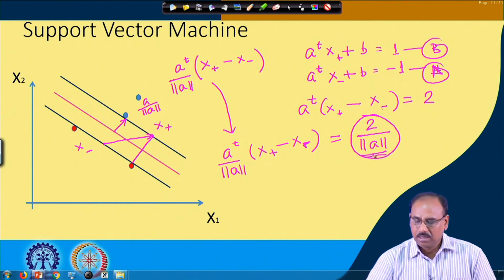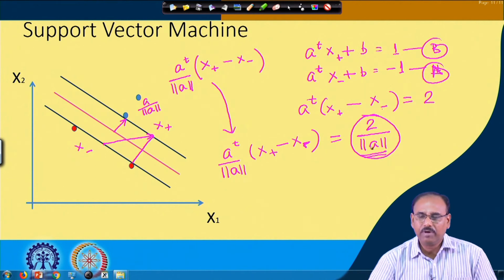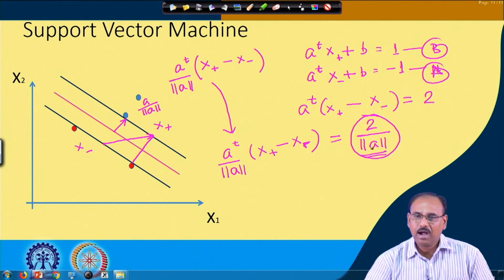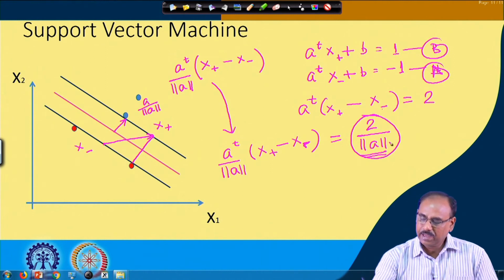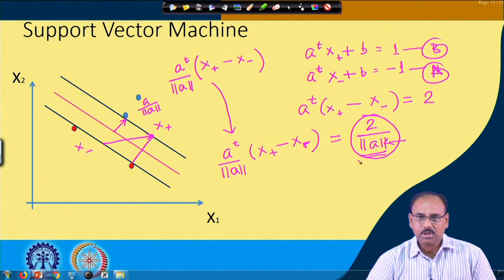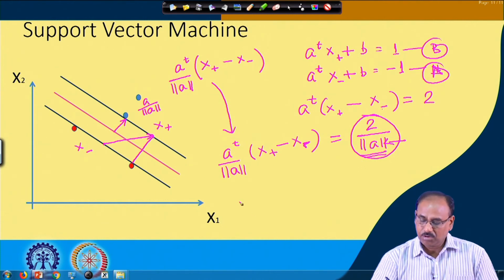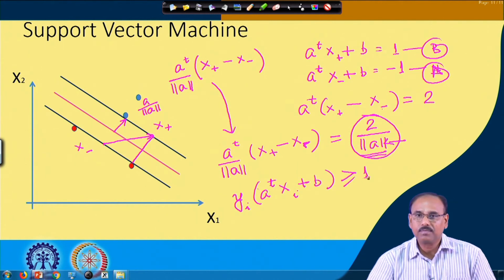And here you find that obviously as mod of A comes in the denominator, I can maximize this term indefinitely by making A smaller and smaller. But that is not the solution, because the A and B that I choose also must satisfy the requirement that y I into A transpose x I plus B has to be greater than or equal to 1.